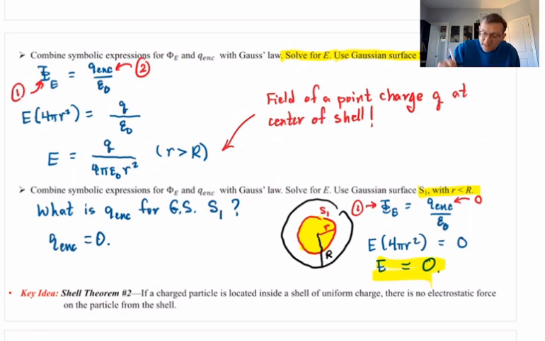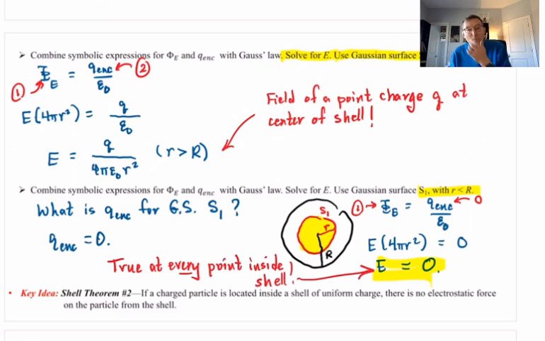And so the point is, the electric field at the inside of the shell is 0 at every point inside the shell. That is true.